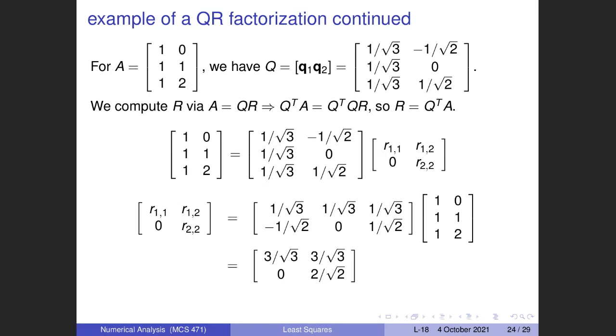So the point of this example is actually to illustrate another important property of the QR factorization. If we have a QR factorization, we not only have an upper triangular matrix, but we also have an orthogonal basis for the column space of the matrix A. So we have something extra.